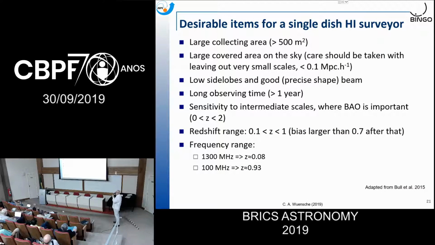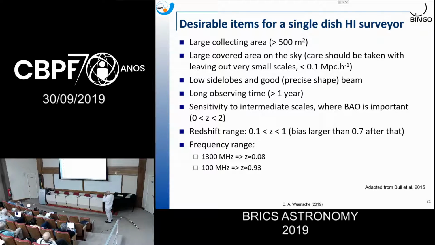But to measure these fluctuations, which are tiny and which are behind a number of contaminants between us and the source of the hydrogen, you have to have a sensitive telescope. So we have a kind of wish list for a single dish H1 surveyor. We need a large collecting area, so we need big dishes or many small dishes acting together.